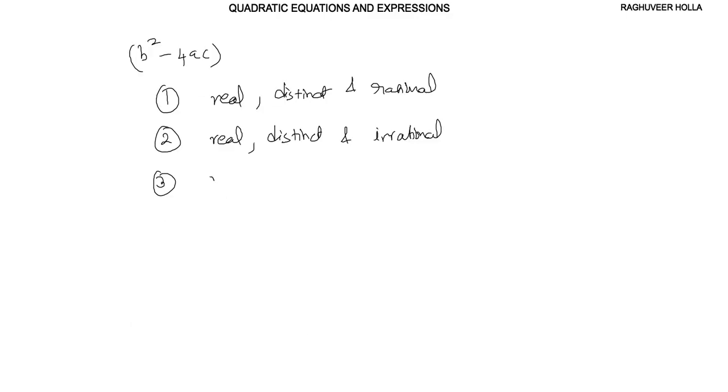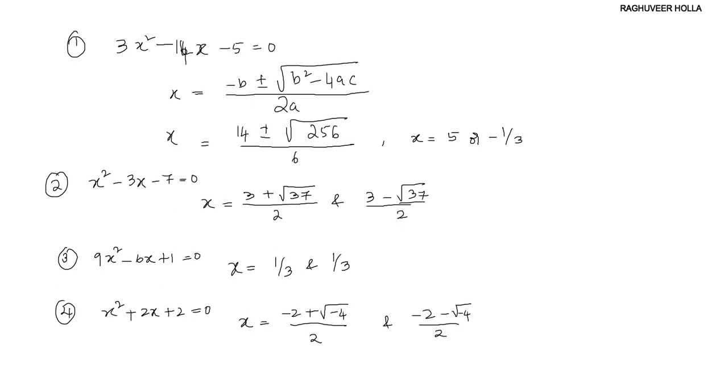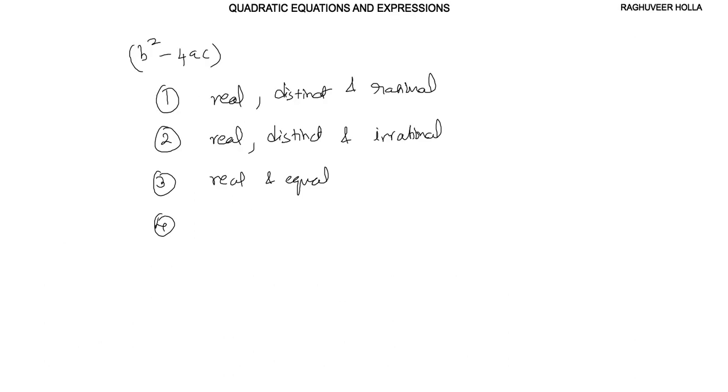In the third example, the discriminant is 0, and the roots are real and equal. In the fourth example, the discriminant is negative and we come across roots where a negative number is involved.